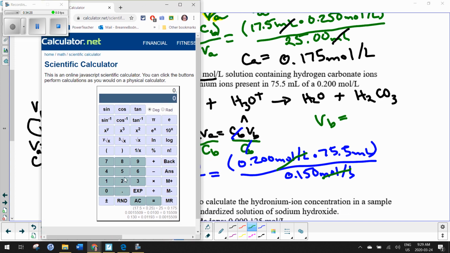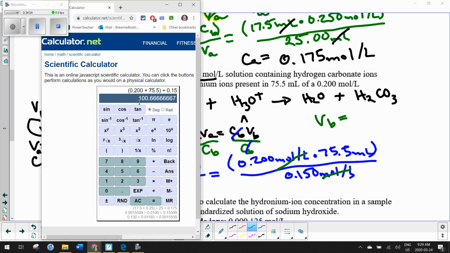So 0.2, oops, sorry, I forgot brackets again. 0.200 times 75.5, close your brackets, divide 0.15. So I have 100.5 0.1.